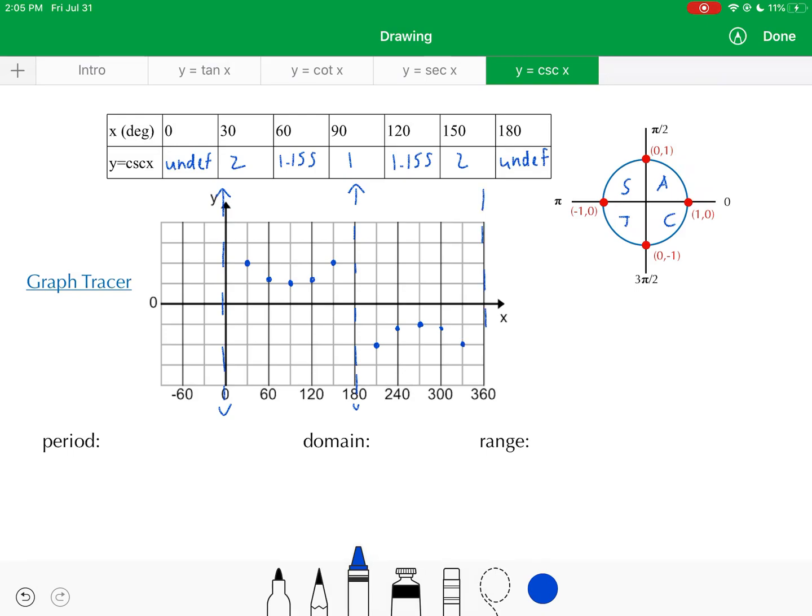And then our next asymptote at 360. Okay. If you go in the negative direction, at negative 30 degrees, cosecant should be negative 2. It should be negative 1.155 at negative 60, and it should be 1 when x is at negative 90.